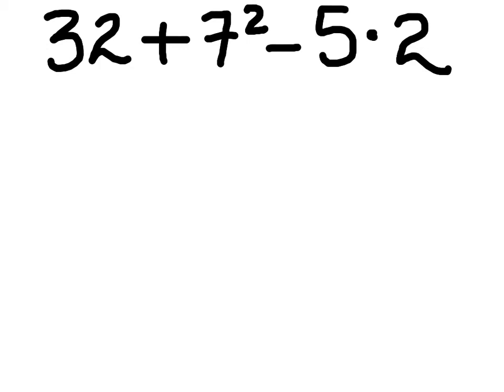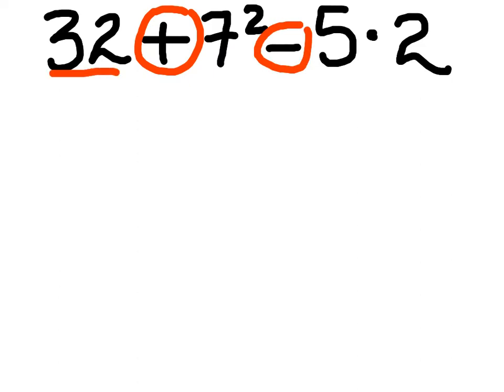What I mean by terms is, when you look at an expression, everywhere you have a plus or a minus, you've created a term. So 32 is a term, 7 squared is a term, and 5 times 2 is a term.